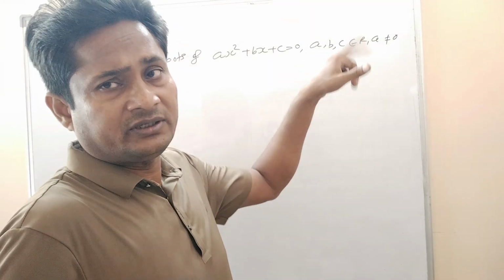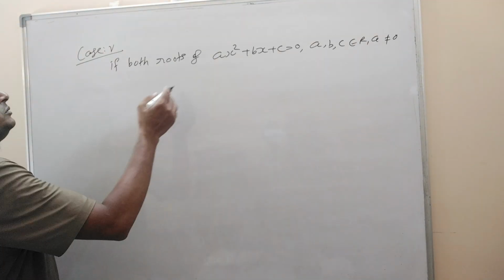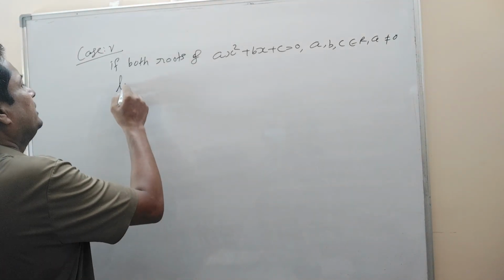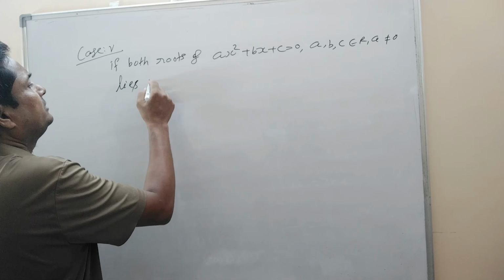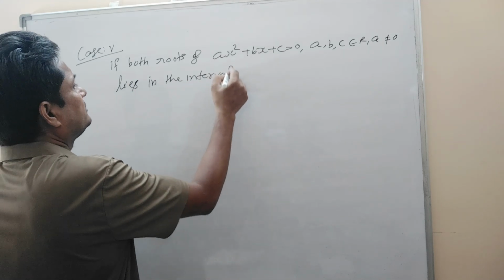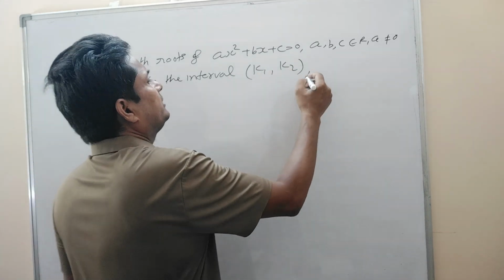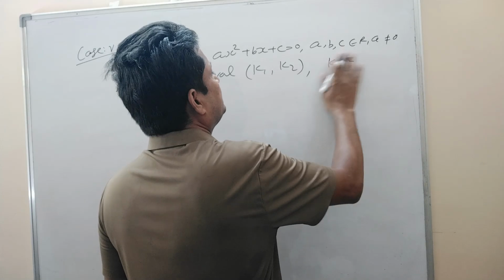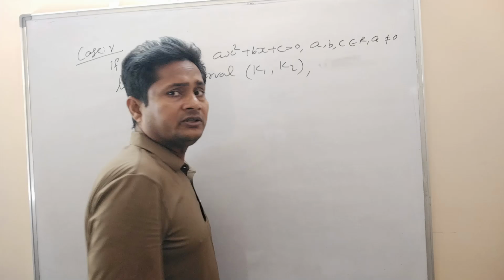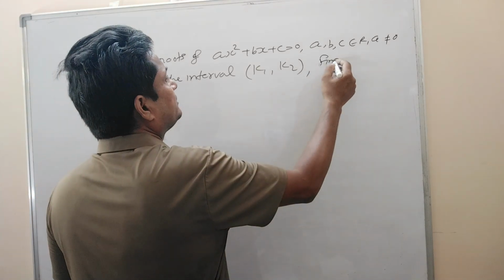So in every case, a is a non-zero number. If both roots of this quadratic equation lie in the interval k1 to k2, where k1 and k2 are real numbers, then what will be the conditions? Find the conditions.